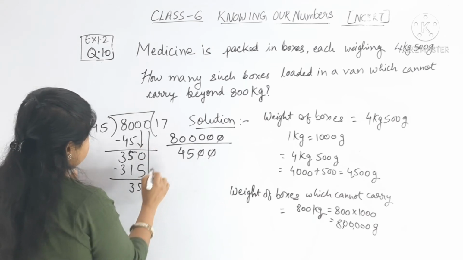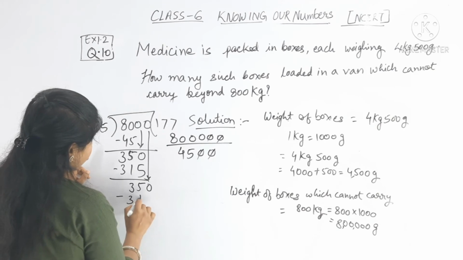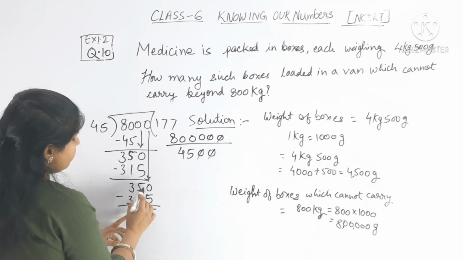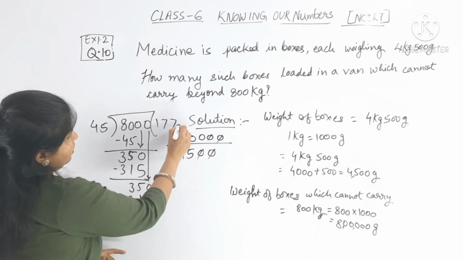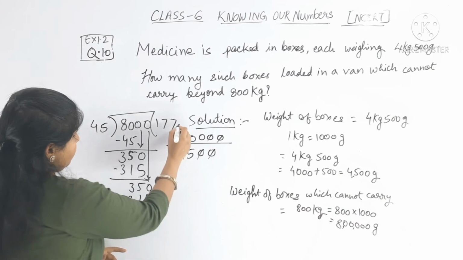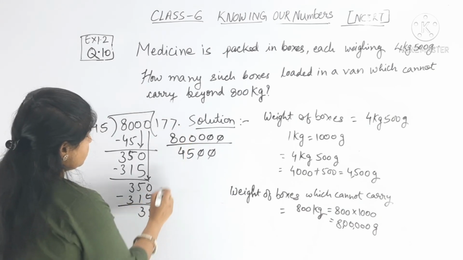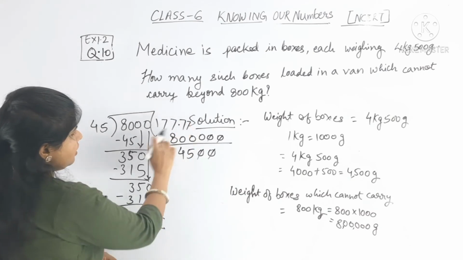Again 0. I am getting 7. 45 sevens are 315. Then again 5 and 4 minus 1 is 3. So again if we add a dot, okay, again these sevens are 315. So this will be like this.